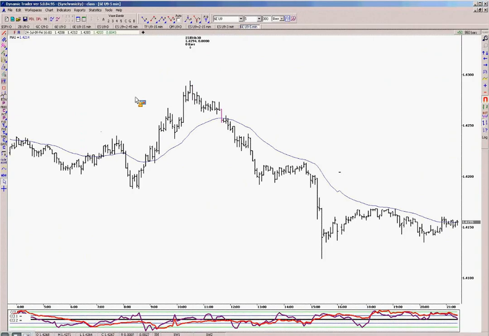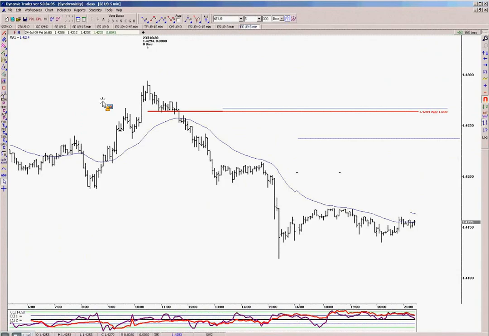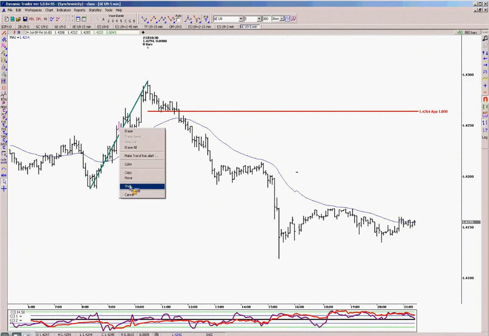Here's where the high was made. Let's say that once it broke the symmetry of this last swing up, some people would consider that a trigger. I'm talking about this swing up here.